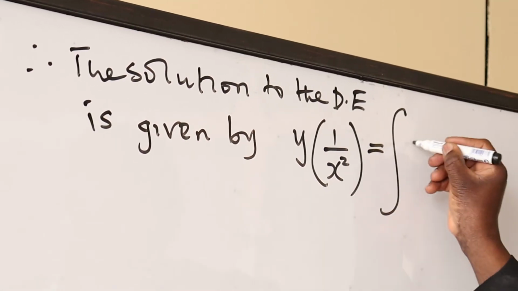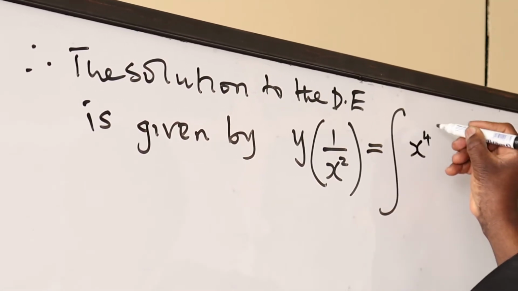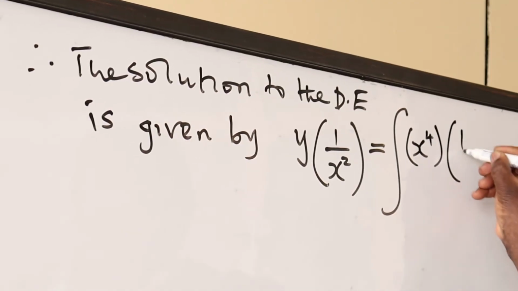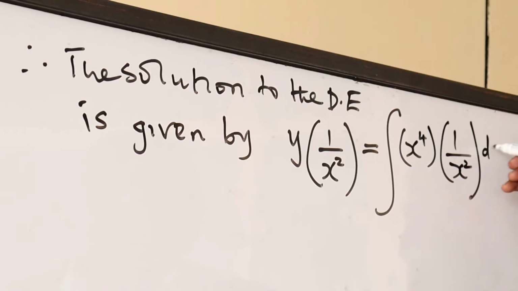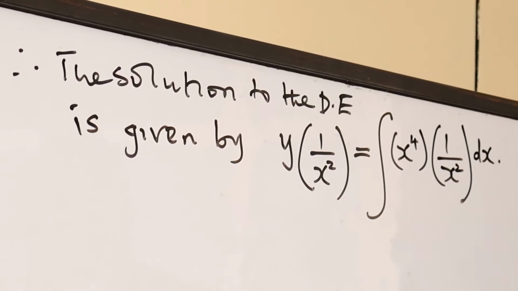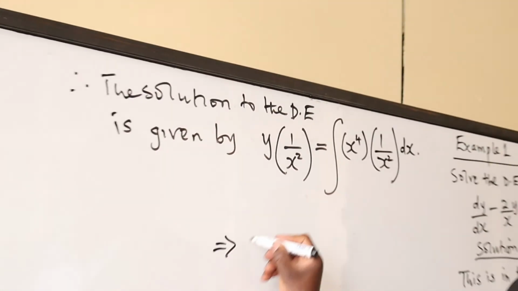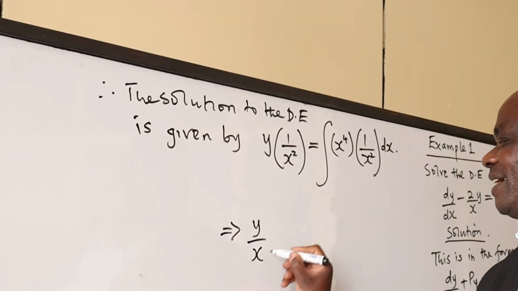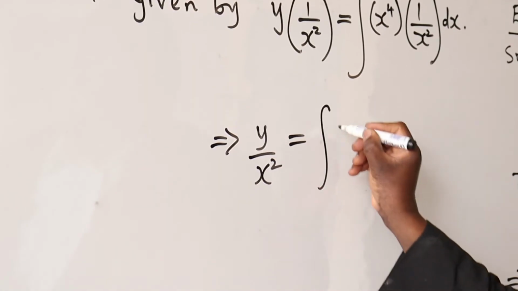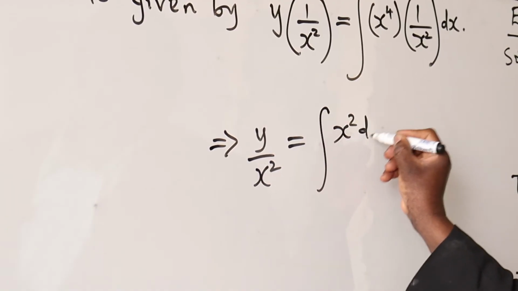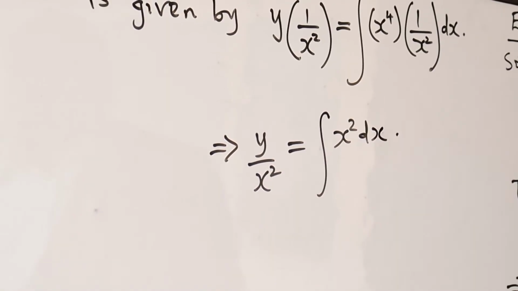Our q was x to the power 4. Now multiplying integrating factor 1 over x squared, then dx. This implies y all over x squared is equal to the integral of x squared dx.